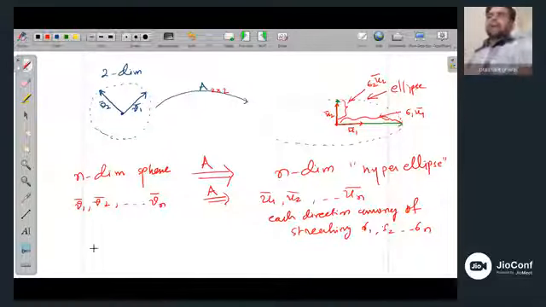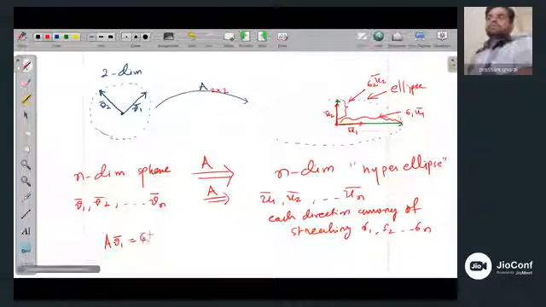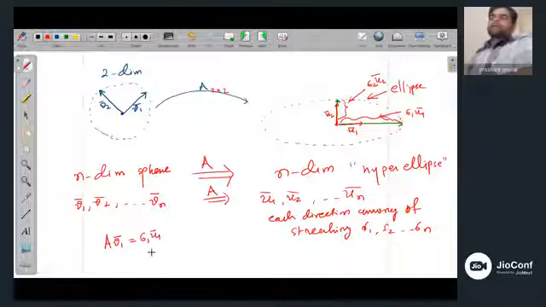So what is happening is you have a matrix A which is applied on this v1. It will produce a new vector, that is sigma 1 u1 bar. And this will happen to each and every vector v1, v2 up to vn.